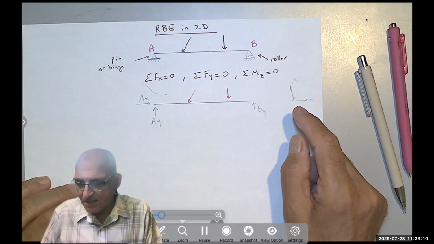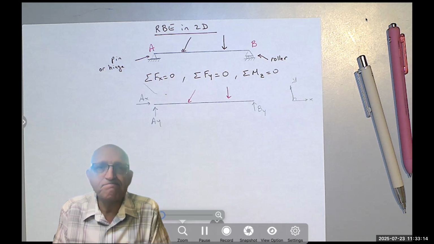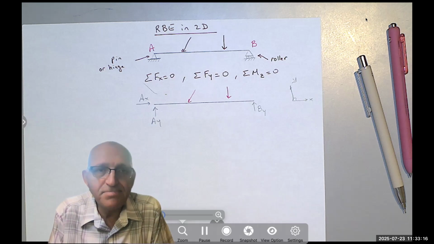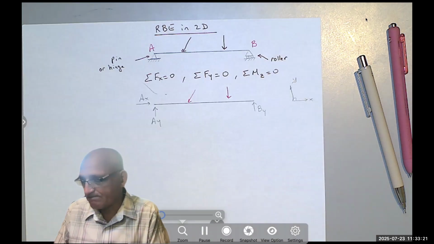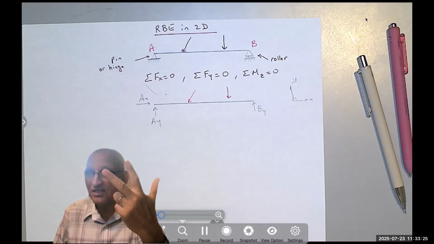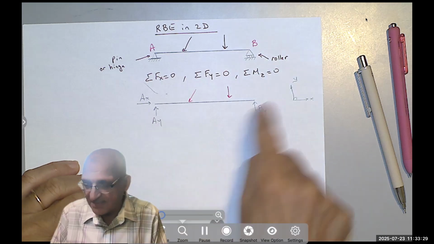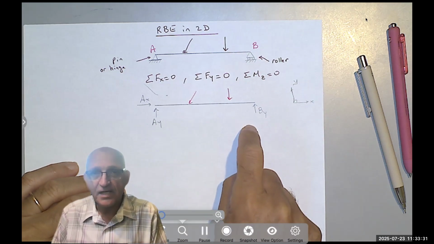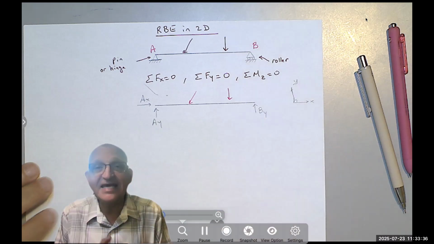And someone would say, so why don't you make them both hinges? Yeah, I can. And you are going to learn that in a more advanced course, how to find these reactions, because you only have three equations, but in this case, you will have four unknowns, A x, A y, B x, B y.